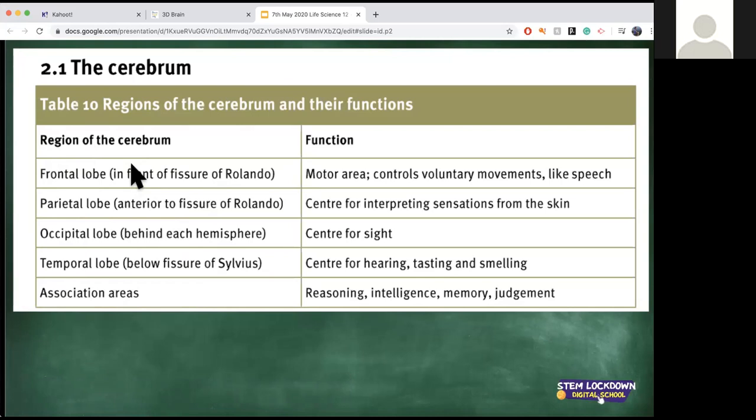So all of your prefrontal lobes have not yet fully developed. It doesn't affect your motor area or your control of voluntary movements or speech, but the last part of this prefrontal lobe to develop is decision making. So that is why sometimes younger people make decisions that they regret. It's just that part of the brain hasn't developed yet.